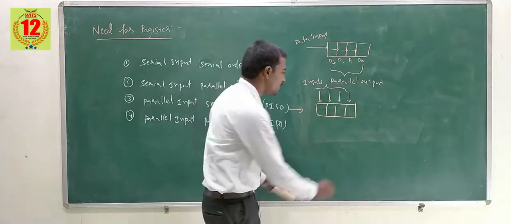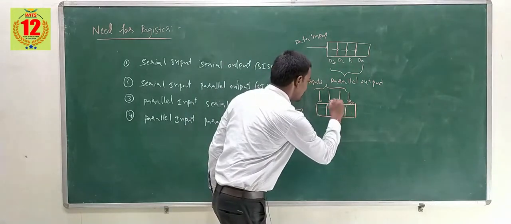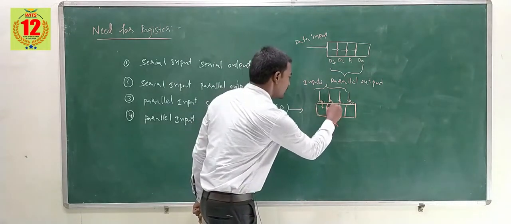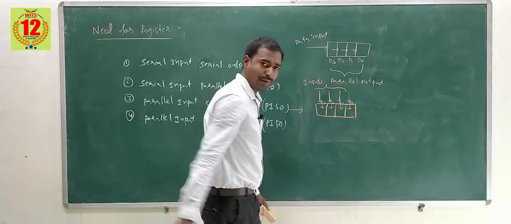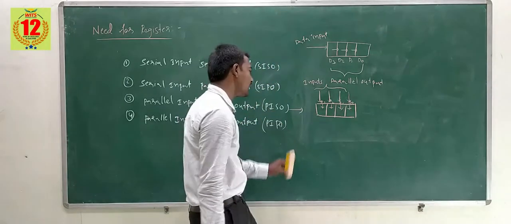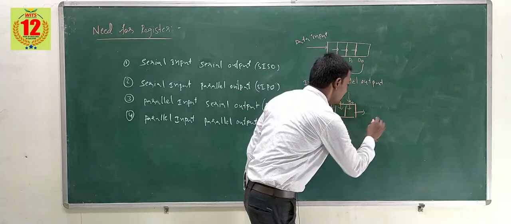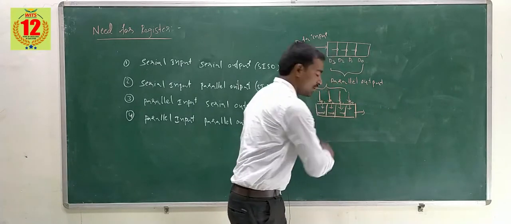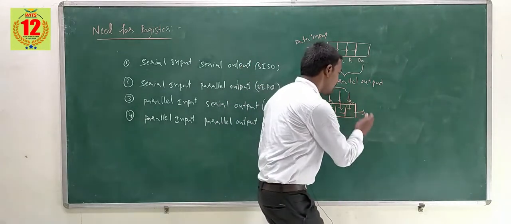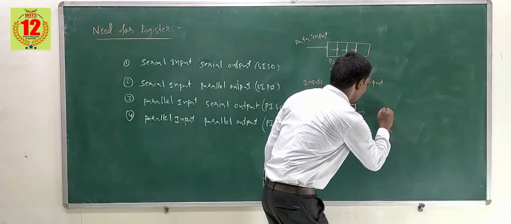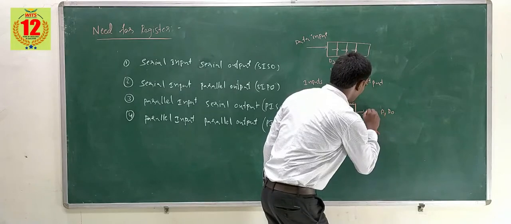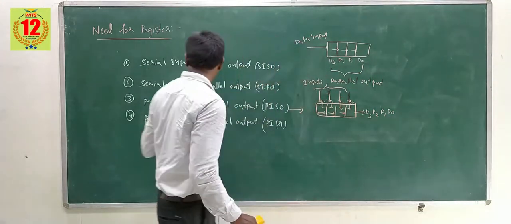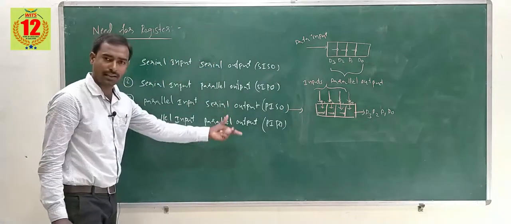All these bits, that is D0, D1, D2 and D3, are given in parallel form. And the output is collected in serial form, that is unidirectional, that is serial. Those are D0, D1, D2 and D3. This is the output of the parallel input, serial output.